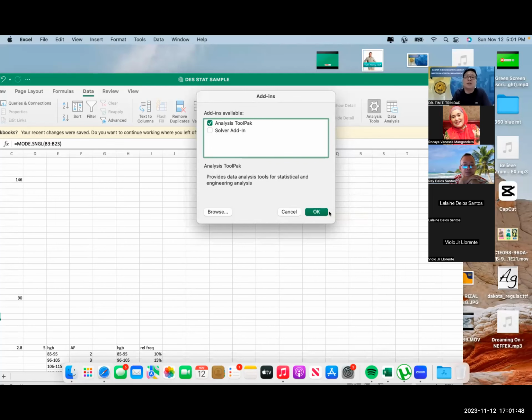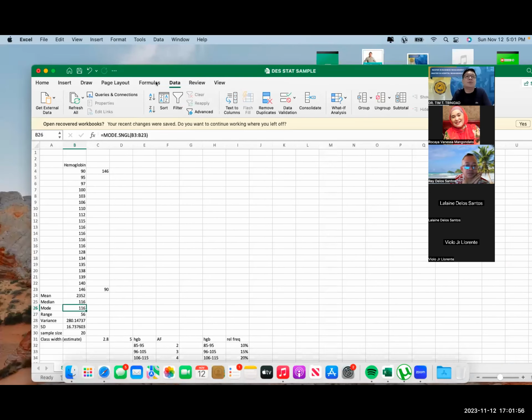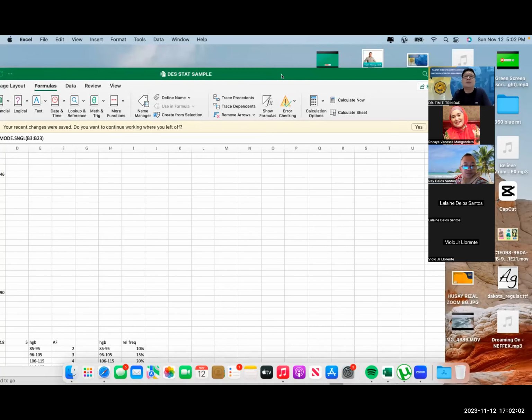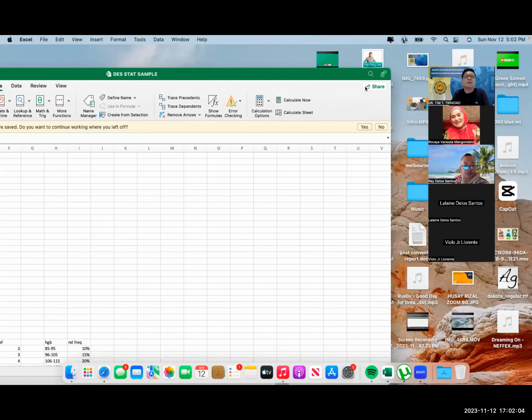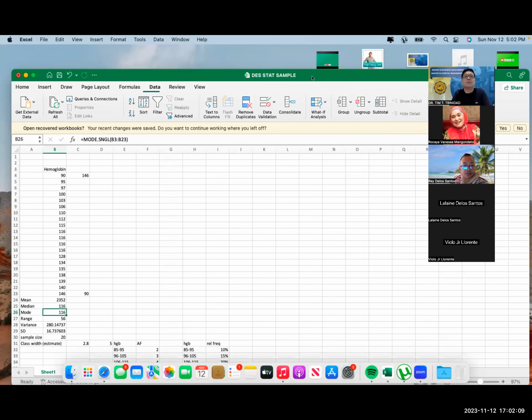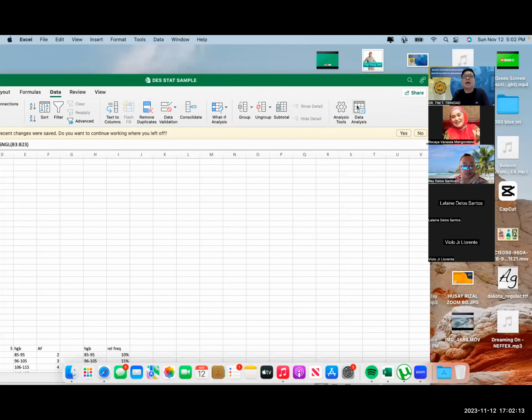You choose the analysis tool pack, and after this you go to formulas and look for data analysis.